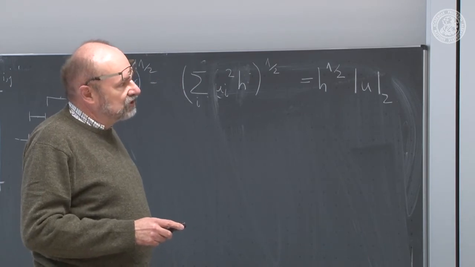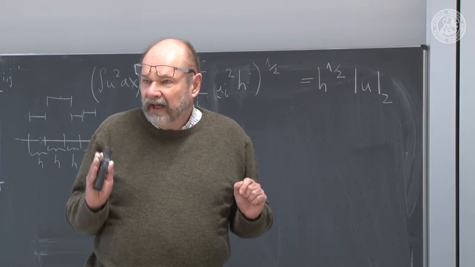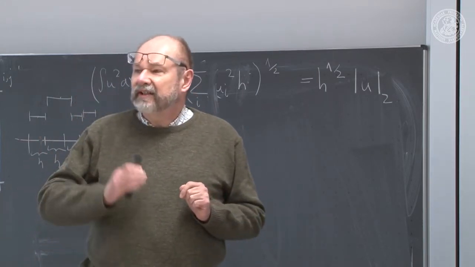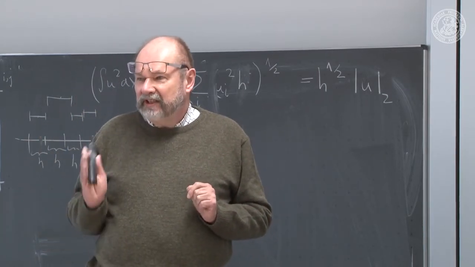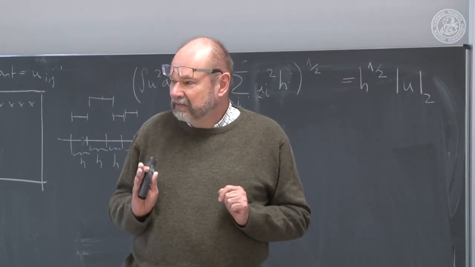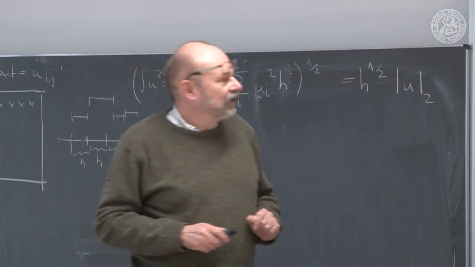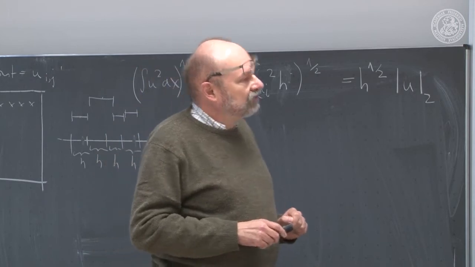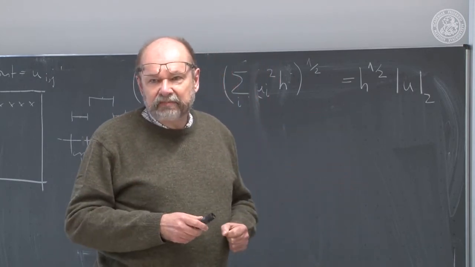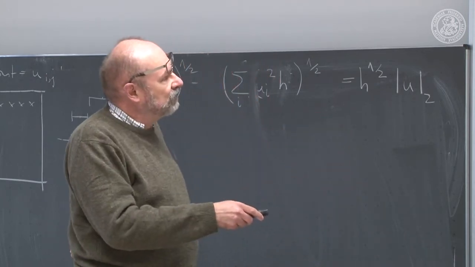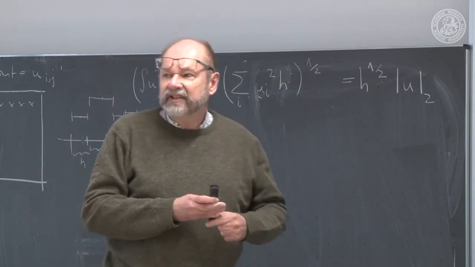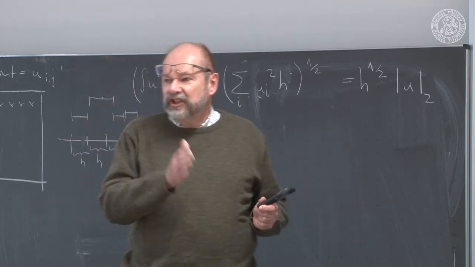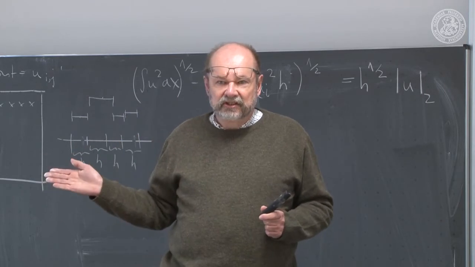And for reasons which will come later on, I will call the L2 norm not with an index 2, but with an index 0. And because everything is grid function dependent, everything becomes an h. So this is not a fixed norm, it's a norm which changes from h to h.